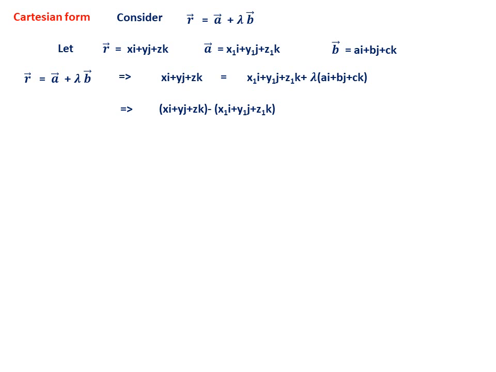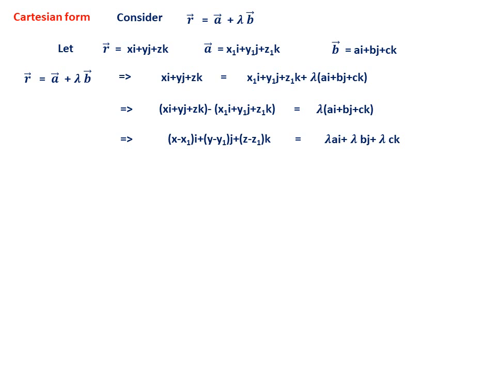Therefore xi plus yj plus zk minus x1i plus y1j plus z1k, that is equal to lambda times ai plus bj plus ck. Now you can simplify further. You can collect the components together, x minus x1 with i, y minus y1 with j, z minus z1 with k. So that is equal to lambda a times i, lambda b times j, lambda c times k. You are taking lambda inside.